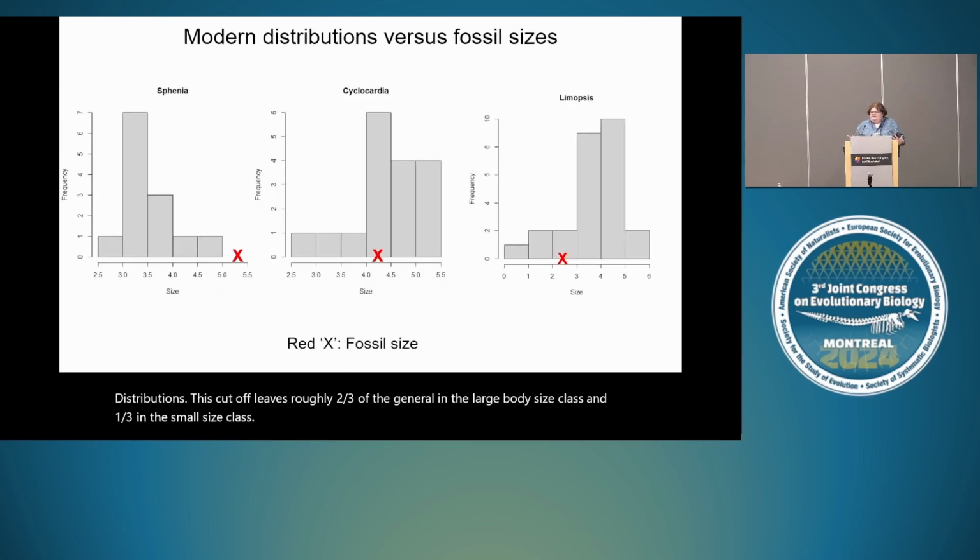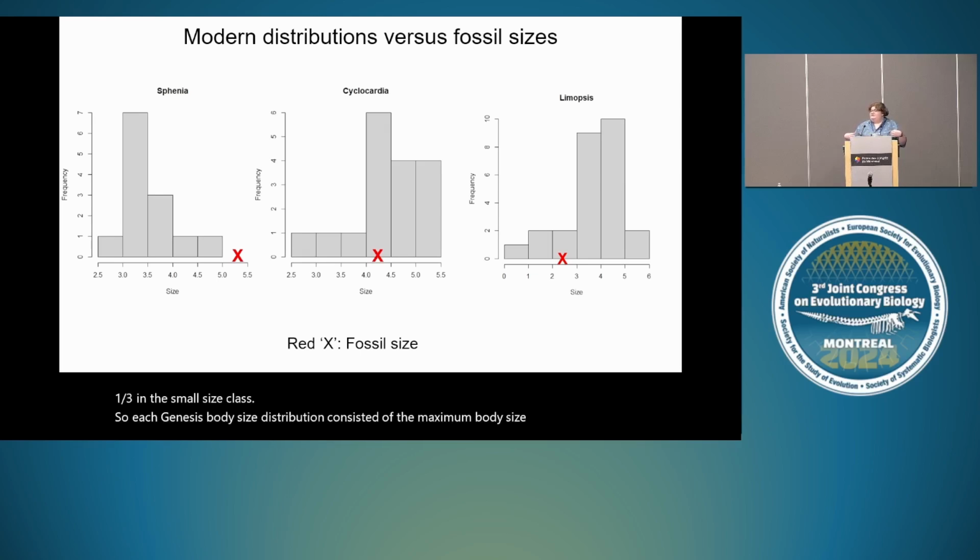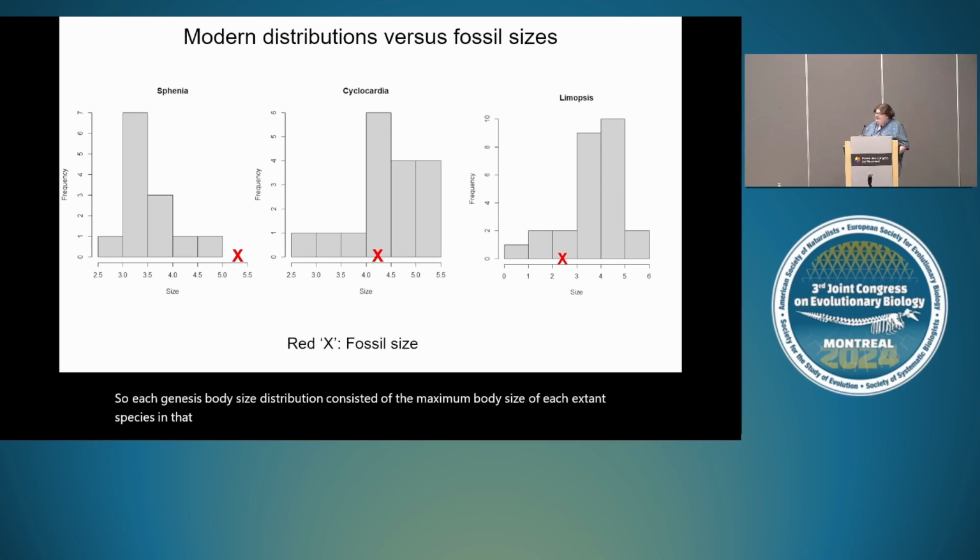So each genus's body size distribution consisted of the maximum body size of each extant species in that genus. Here I have the extant distributions of 3 genera, along with red X's denoting the body size of the first known fossil of each of these genera. So the data show numerous patterns of fossils that are completely outside of their modern distributions, like Sphenia on your left here.